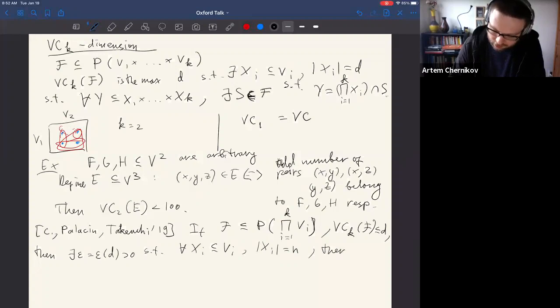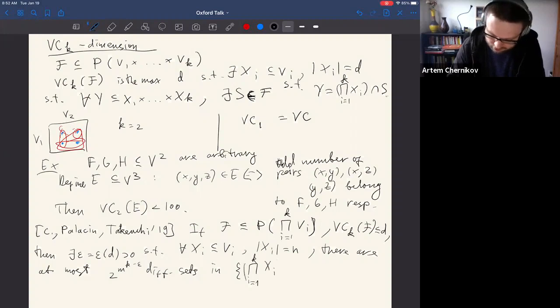What we get is that there are at most 2 to the n to the power k minus epsilon different sets that are cut out from the box by the sets in the family. Okay, so we look at the products of the Xi's intersected with S, where S is in F.